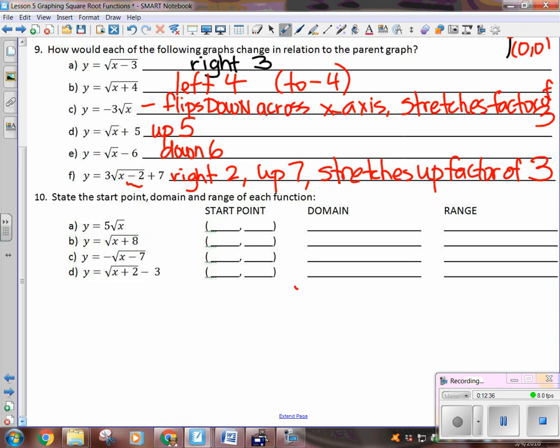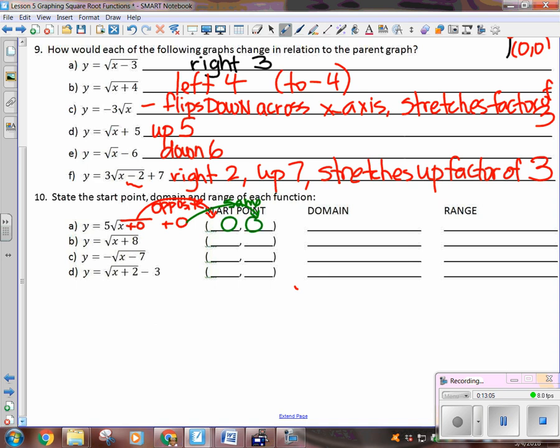Okay, start, domain and range. Now, start point. Do you all remember when we talked about the inside number and the outside number? We did this for parabolas. The one on the inside came out opposite. But the one on the outside came out the same. Where does this one start? 0 and 0.